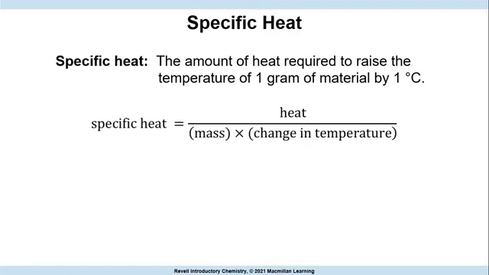Now, the specific heat is expressed by the formula, the heat divided by the mass times the change in temperature.